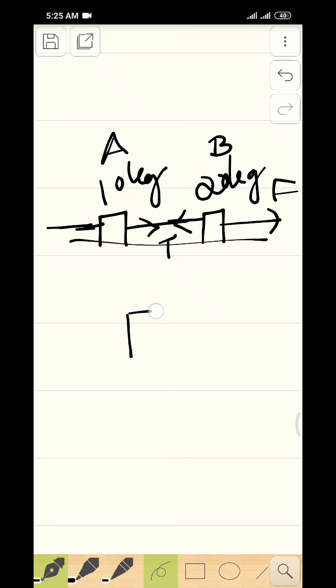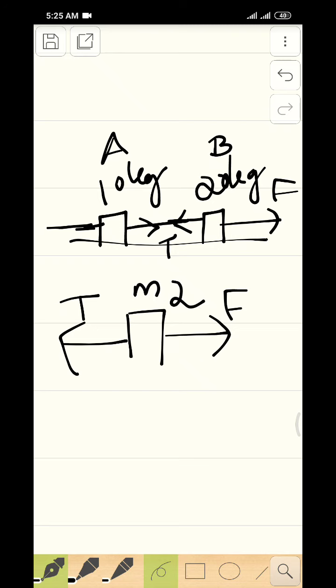For the body B, the force is applied in this direction, and the tension is in the opposite direction. If we take the mass as m2 for the body B, there is a movement in this direction, so the acceleration will be in this direction. The force due to this acceleration will be in the direction of the tension, that is m2a.